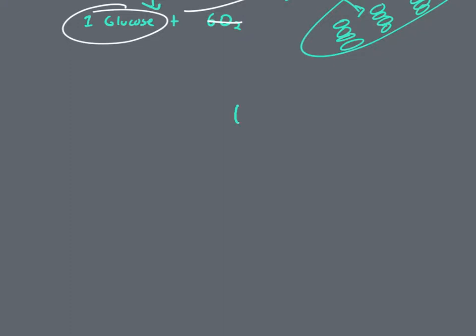Our first overall input for this process is going to be 3 carbon dioxide molecules. They are going to combine with a molecule called RuBP for short. We'll come back to that a little bit later. And there's a very important molecule that helps facilitate the combination of RuBP and carbon dioxide. It's an enzyme that's one of the most common enzymes on the planet.